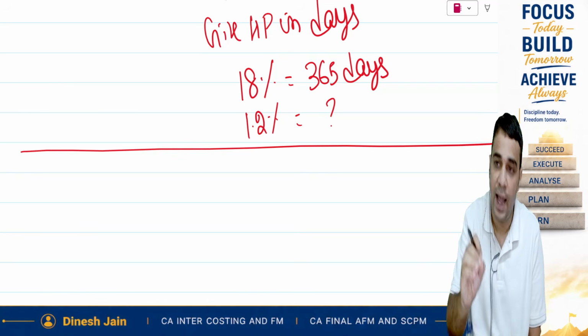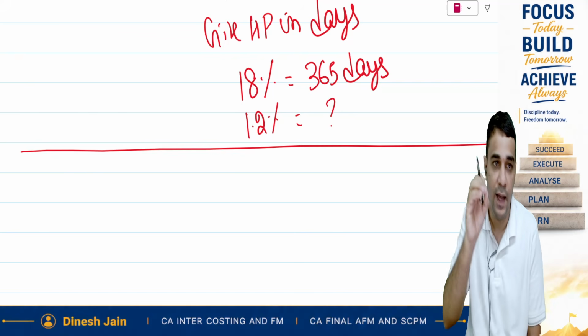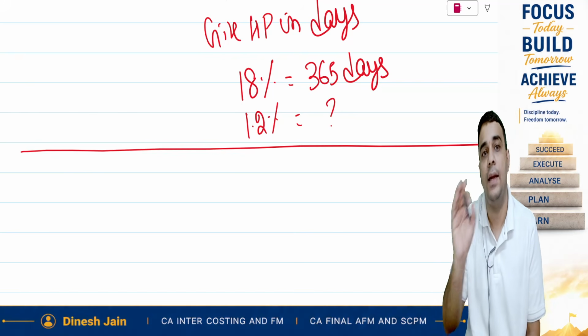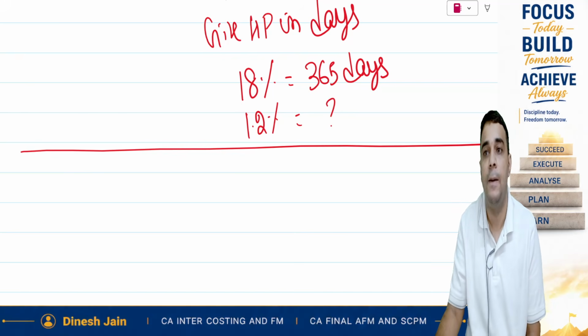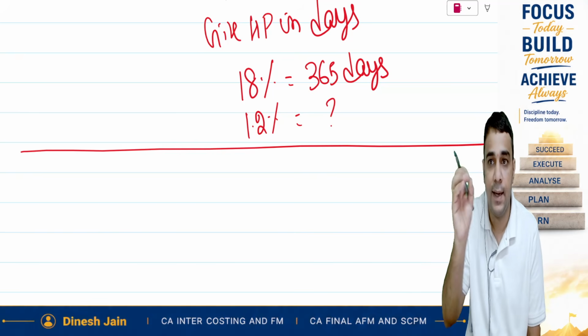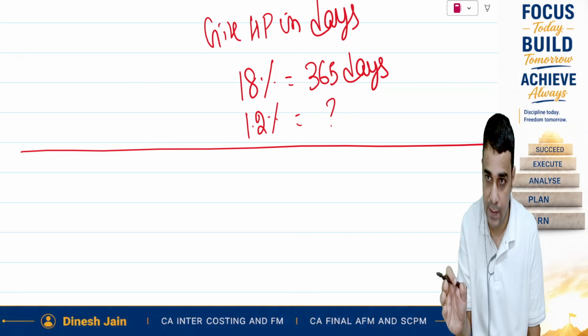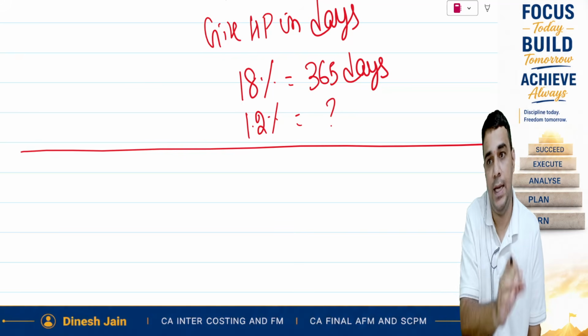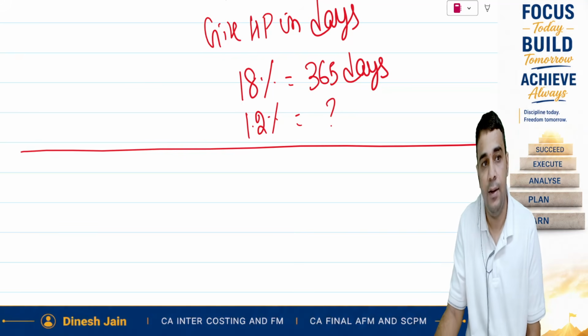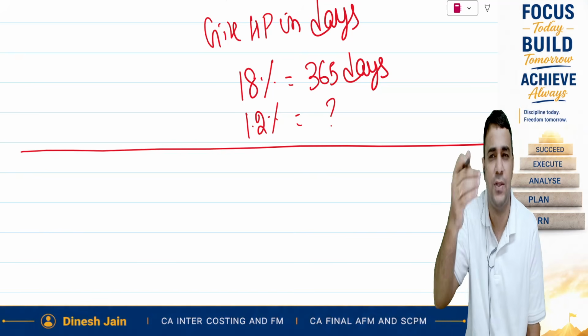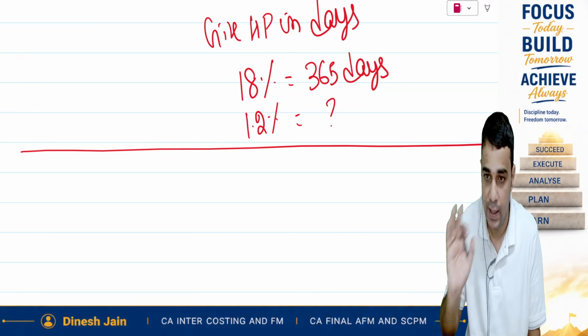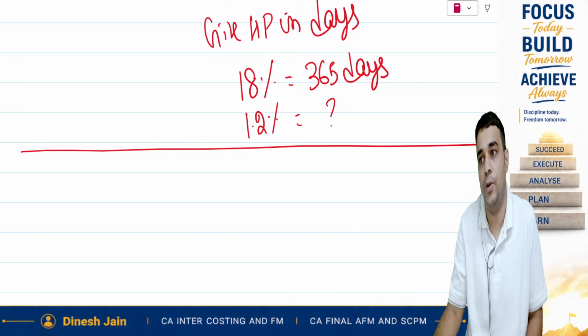If I have the annual return and the holding period return, I can get the balancing figure as the period of holding. I can get the period of holding in years, months or days, whichever we are comfortable with. It depends on the question. Any doubts on the concept?